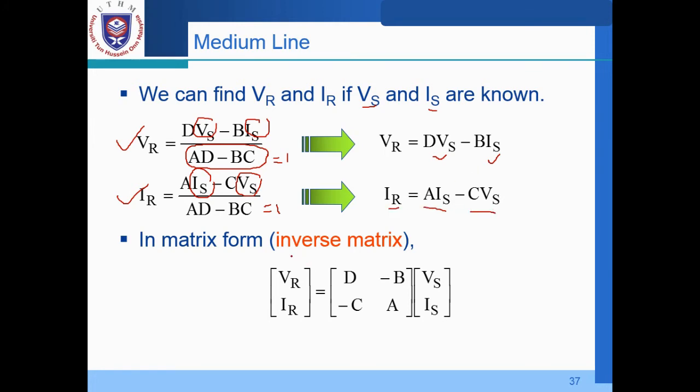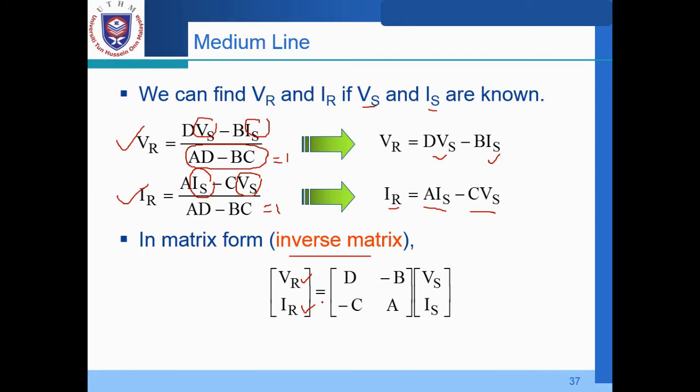In matrix form, we have the inverse matrix. Just now, in the short line, we had everything represented in terms of sending end quantities, VS and IS. But this time we have the inverse matrix in terms of VR and IR, meaning the receiving end part.